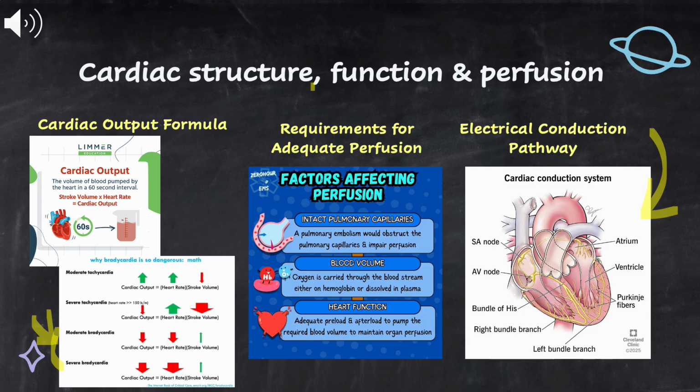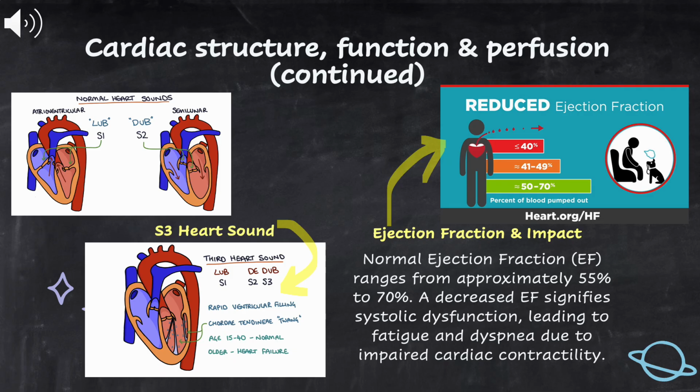This slide sets the foundation for understanding why changes in heart rate, rhythm, or structure have immediate effects on patient stability. Let's move on. This slide builds on cardiac structure and function, focusing on ventricular performance. Let's start with the S3 heart sound. An S3 occurs early in diastole, just after S2, and is associated with rapid ventricular filling.